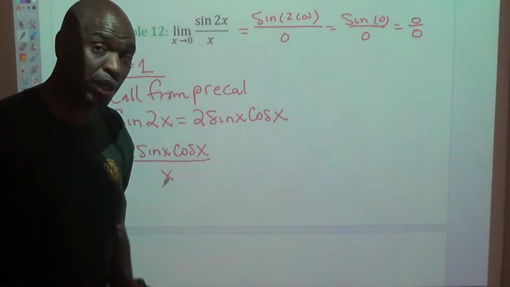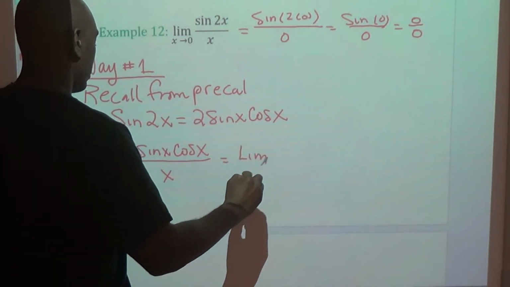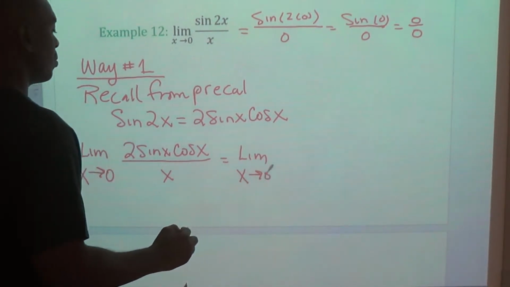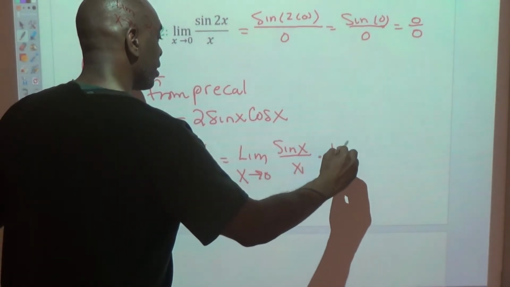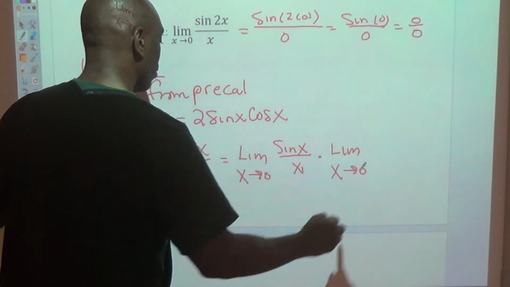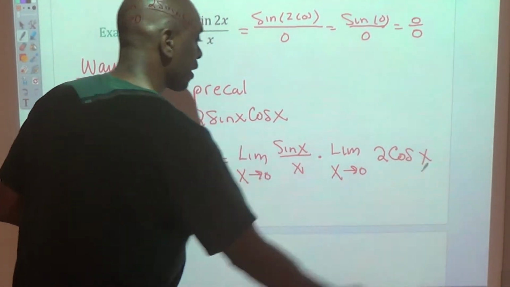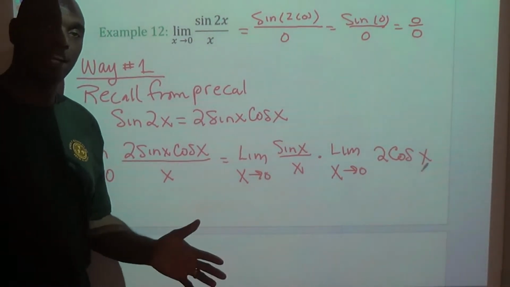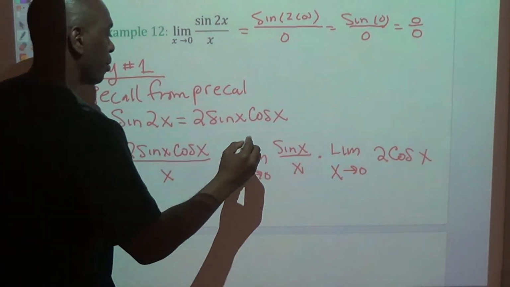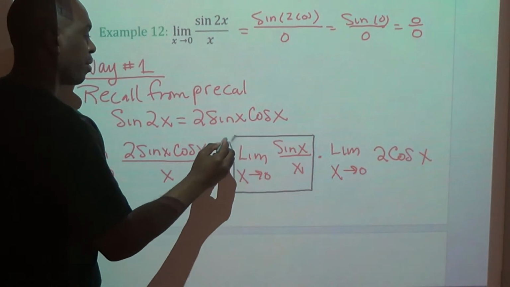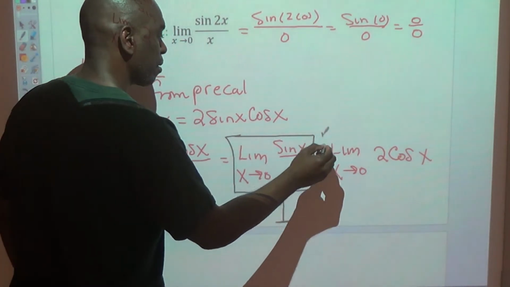Split it up like we did the last problem. So this is going to give me the limit as x approaches 0 of sine x divided by x times the limit as x approaches 0 of 2 cosine x. Now you evaluate each of them separately. This one here equals 1 times this one here.